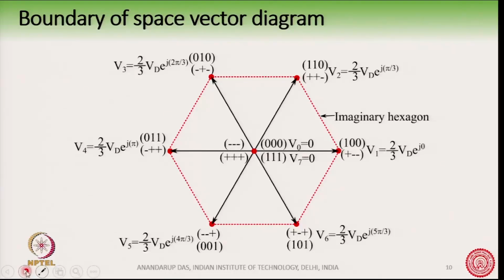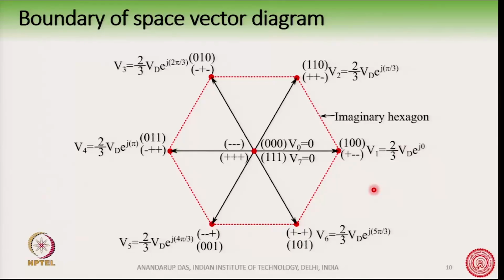The tips of these 6 vectors can be joined with an imaginary hexagon, and this is the boundary. So, you can see the boundary of the space vector diagram is this imaginary hexagon.